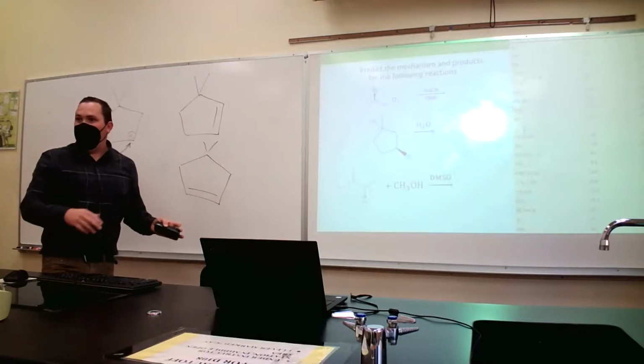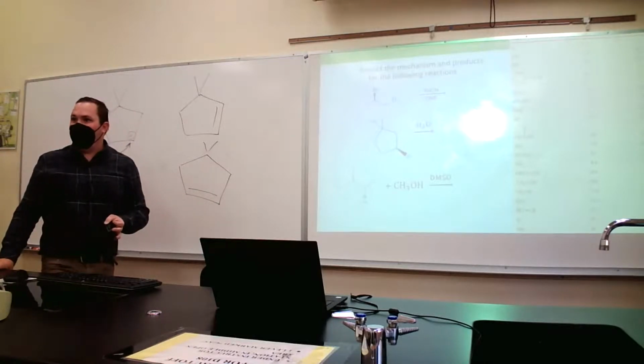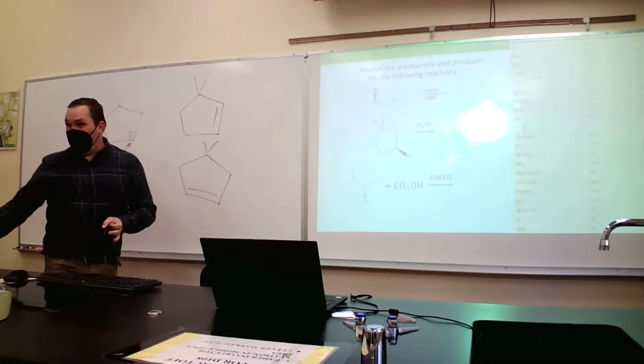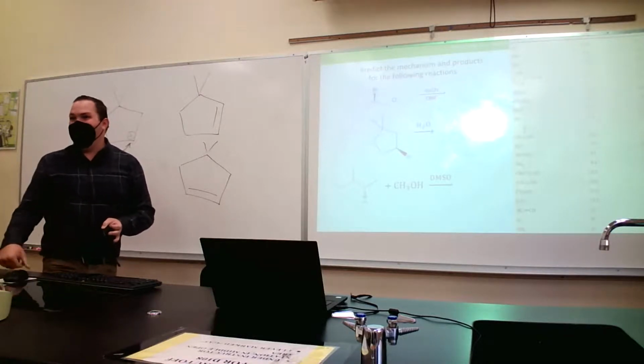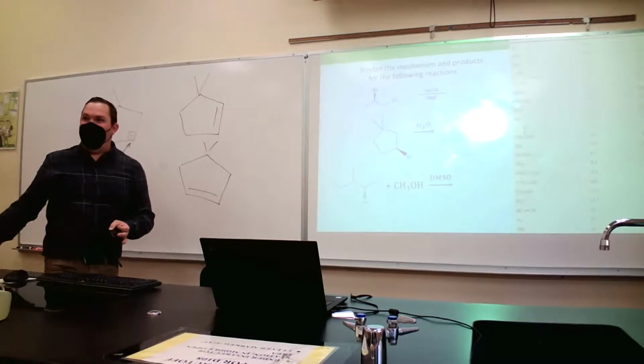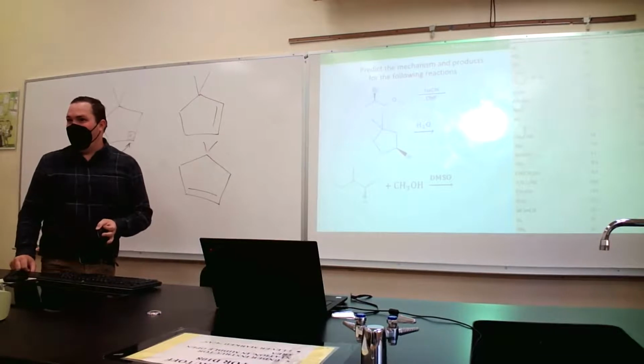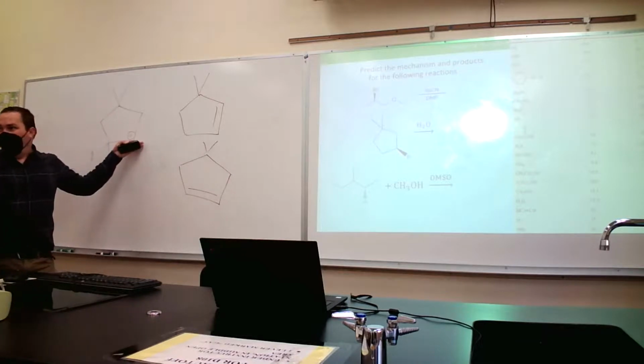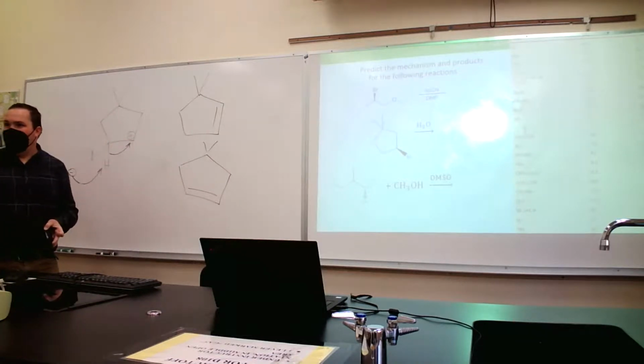Instead of your nucleophile attaching, it steals a proton and acts as a base instead. Most good nucleophiles are also good bases. They're good nucleophiles because they have a negative charge and they're not stable on their own. They want to make another bond. They can do that by attaching to a carbon or by stealing a proton.